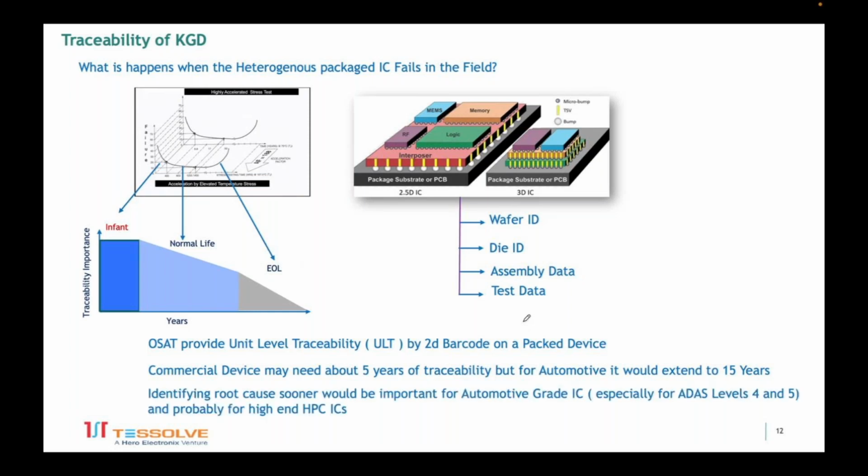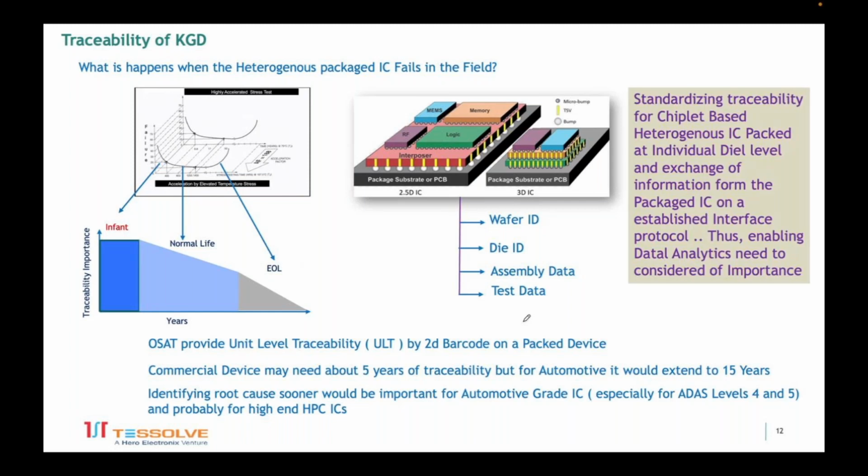Keeping that in mind, also the application requirement, for example automotive grade ICs in ADAS level 4 or 5, and probably high performance ICs, these may not be acceptable because of the requirement.